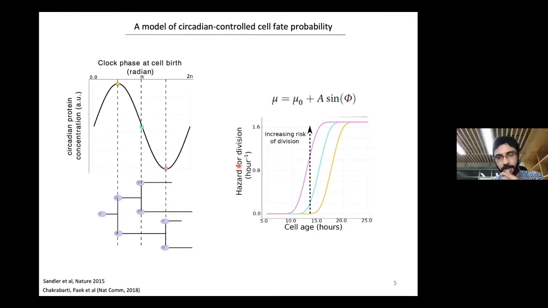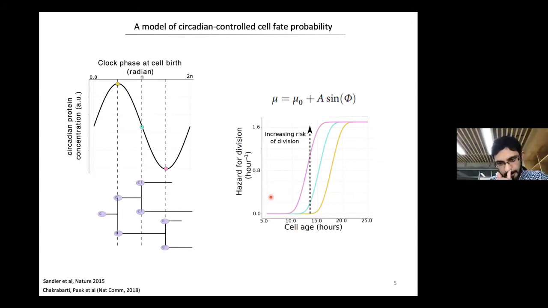In a Poisson process, your rate is a constant as a function of time. Here, your rates are time dependent, as you can see over here. The basic idea again is that these hazard functions for division depend on the phase of the circadian clock.